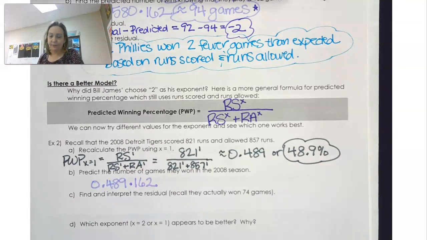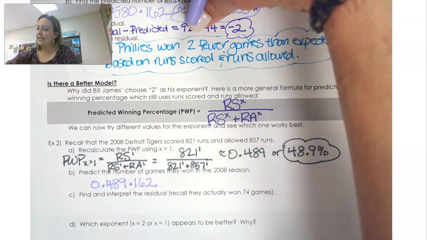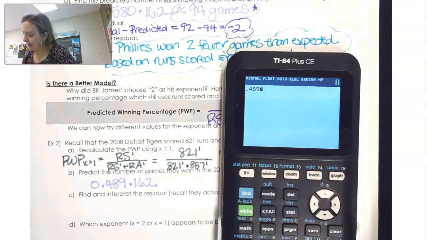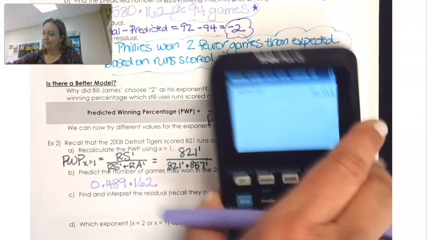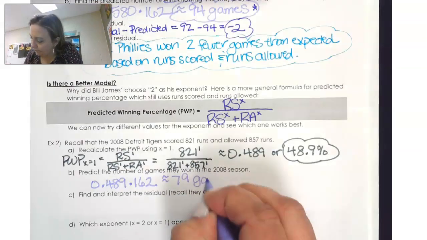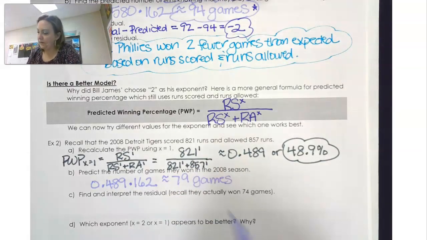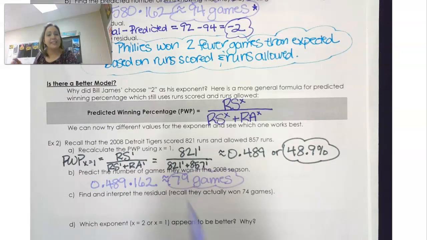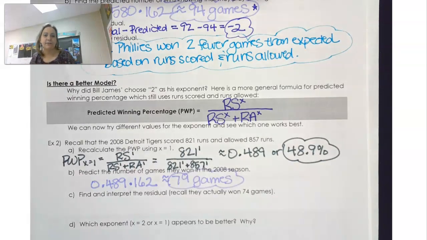If we take 0.489 times 162, that gives me about 79 games. So that's our prediction. They're going to have 79 wins.